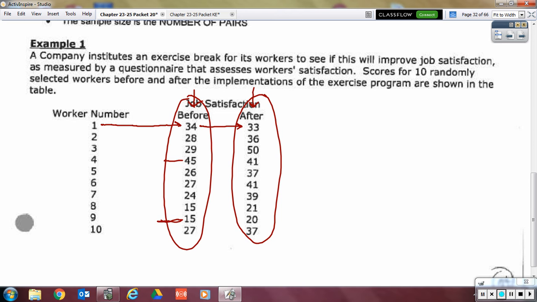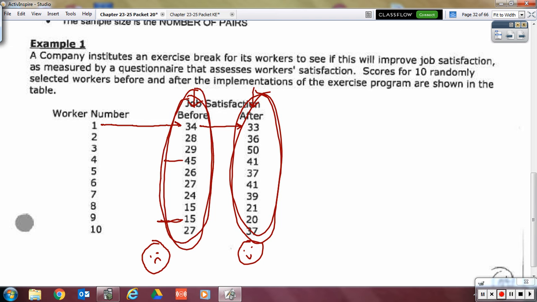What if I happened to get a whole bunch of 10 really happy people right here and just 10 randomly selected sad people here? What will it make it look like? Yeah, it'll make it look like the exercise program works when it's not really.